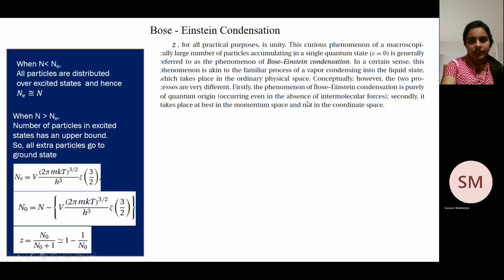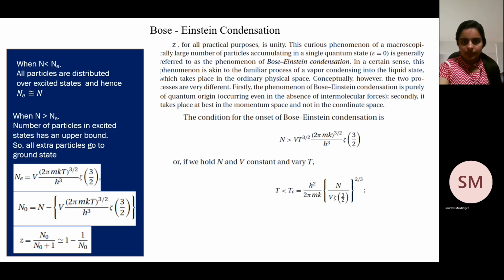It happens even when you don't have any intermolecular forces. Remember that you are only dealing with ideal gases, so there is no intermolecular force involved, but even then you get this condensation. So this condensation is purely of quantum origin, and secondly, it takes place in momentum space and not in coordinate space. It is very important to understand that Bose-Einstein condensation is way different from the normal condensation from one phase to another that we generally study in physical space.